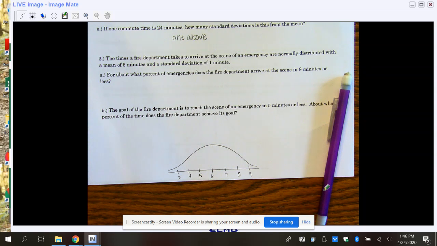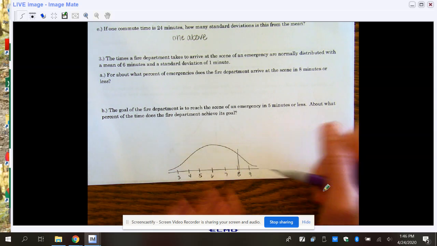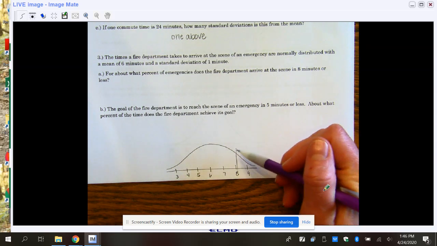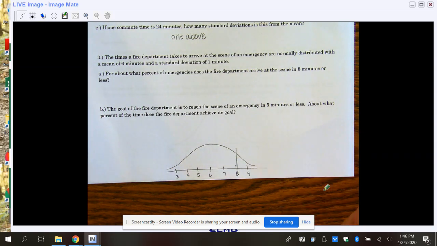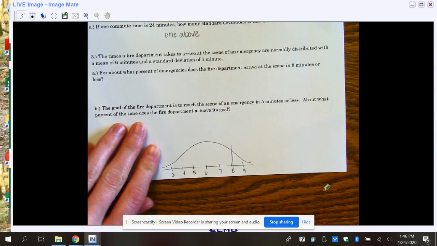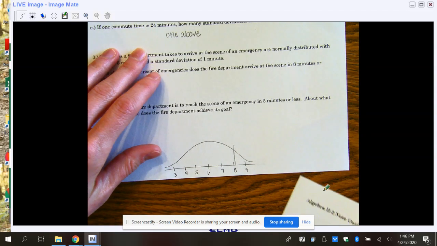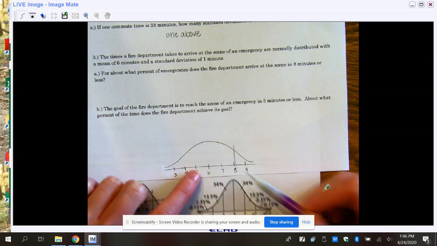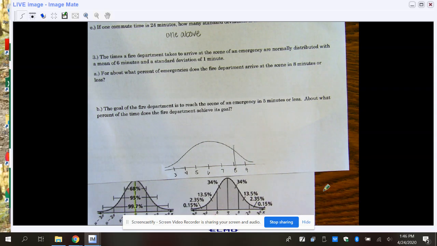So it says for about what percent of emergencies does the fire department arrive at the scene in 8 minutes or fewer? So here is a case where I would probably figure out maybe what this little section is and then subtract that from 100. So you can kind of again match it right here. So our 8 is 2 standard deviations above the mean.